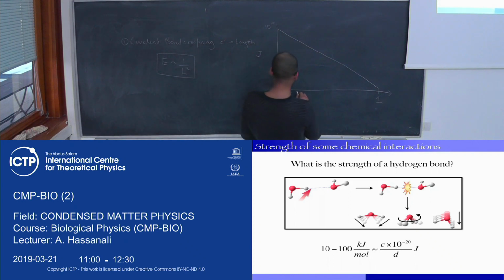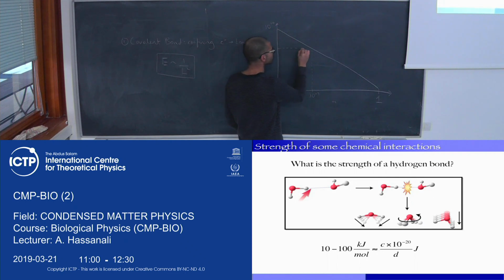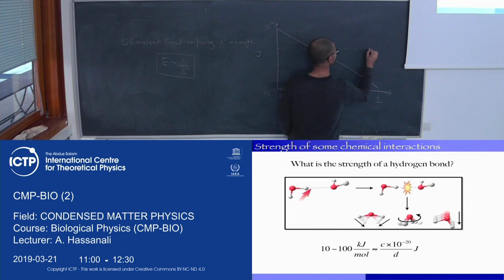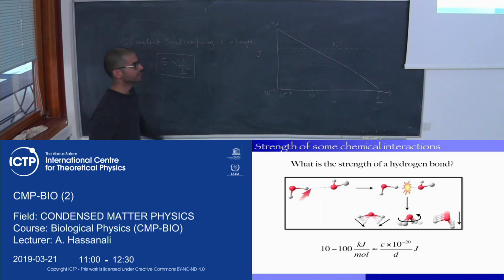And so I'm going to put 10 to the minus 9 there. This is in meters. This is the length. And thermal energy is, okay, the scales are off, but I'll do this more cleanly on Tuesday, but I just wanted to get you to think about it. Thermal energy is somewhere here. It's 10 to the minus 21 joules.